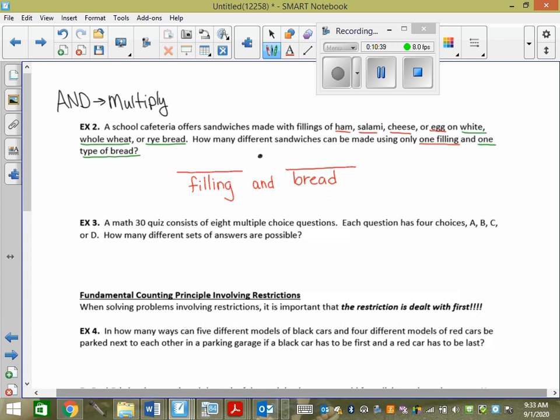Whatever. Okay. So, filling. How many fillings are there? They're in red. How many different fillings? Yes, 4. Remember, you can answer because you're spaced apart. That's okay. All right. And bread, how many types? 3. Good answer. That was a believable one. You knew it.